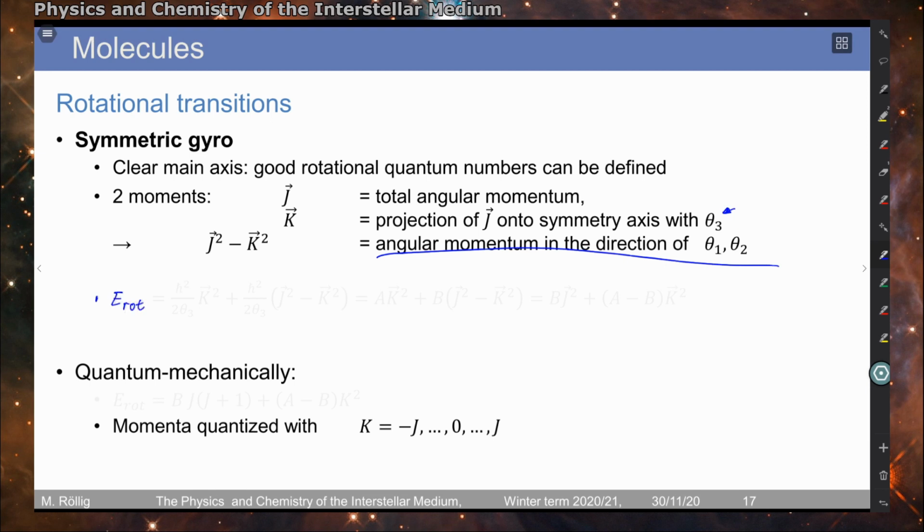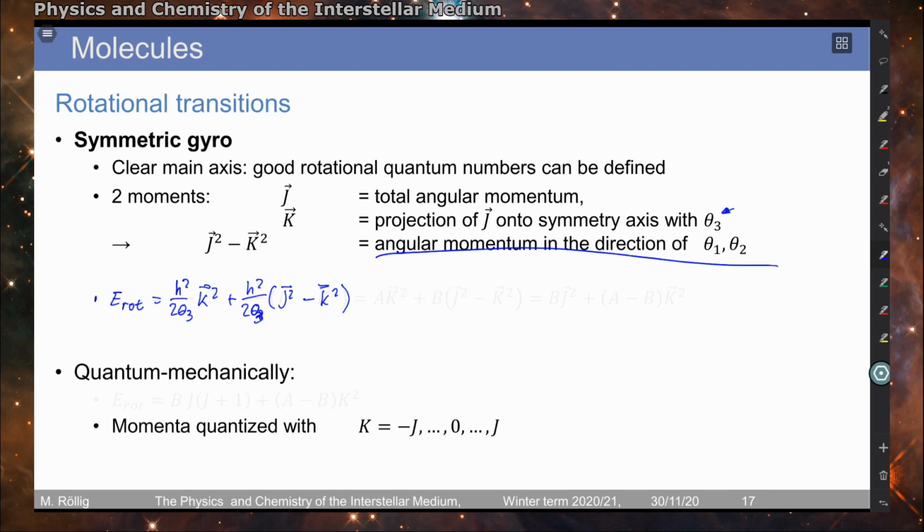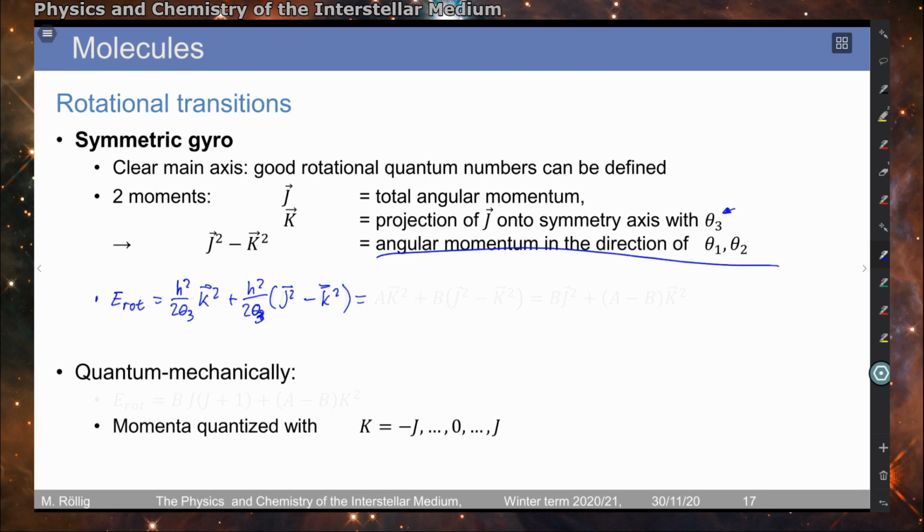Then we can write down the energy of this rotation in terms of theta 3, so K squared plus J squared minus K squared. This is a 3. And the prefactors, so let me correct this, this is wrong here.